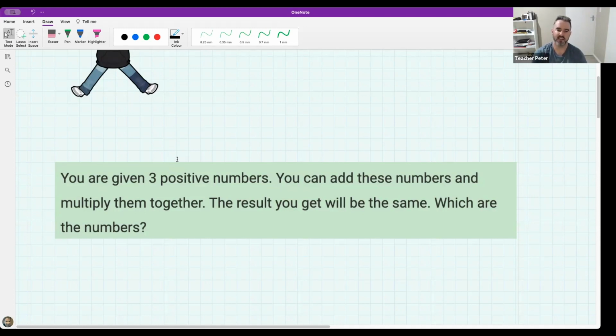You can add these numbers and multiply them together. The result will be the same. What are the numbers? Put your answer in the chat and you can be the champion of the riddles for today.